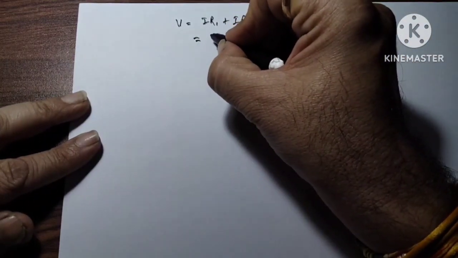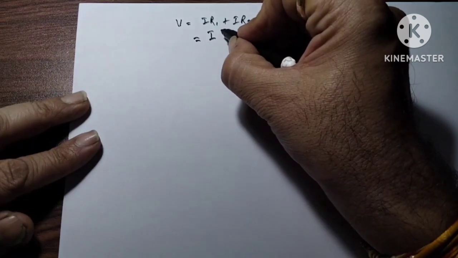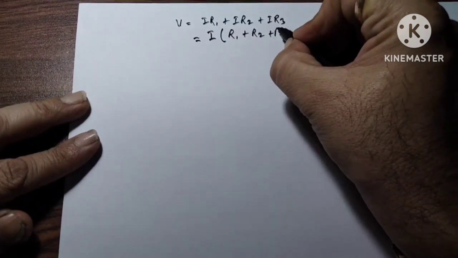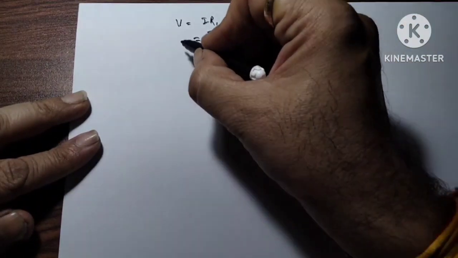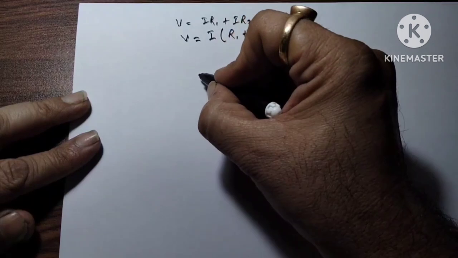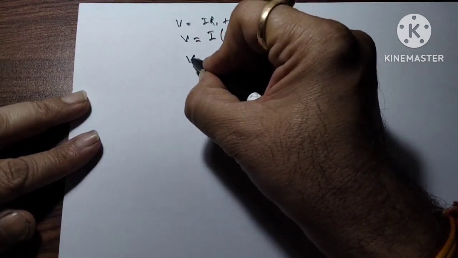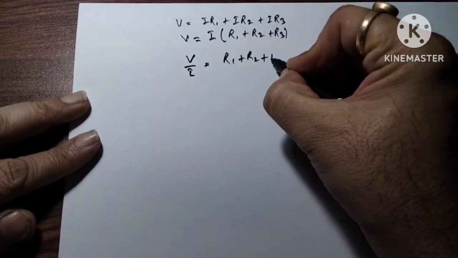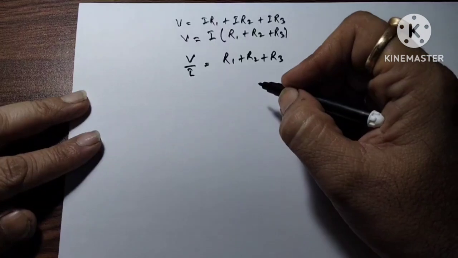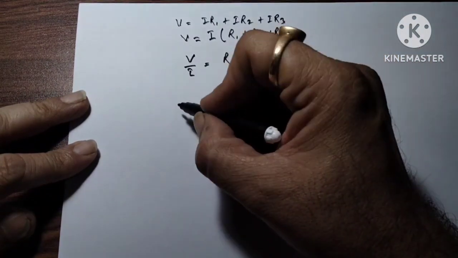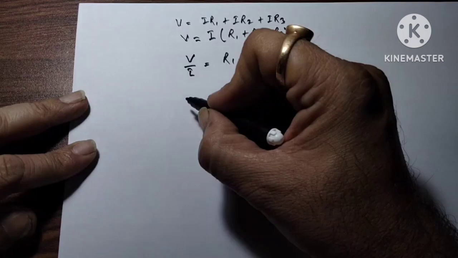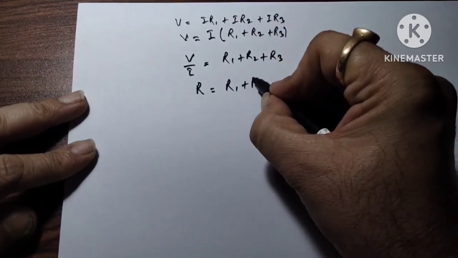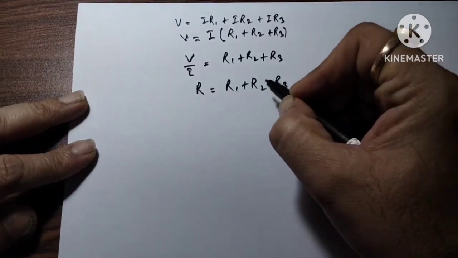As we know that the current is the same across the resistors, so we take I common: I times R1 plus R2 plus R3. V upon I is equal to R1 plus R2 plus R3, and according to Ohm's law the whole circuit resistance, say R, is equal to R1 plus R2 plus R3.